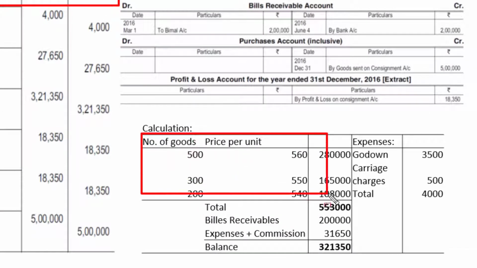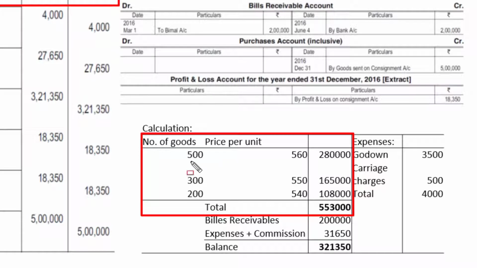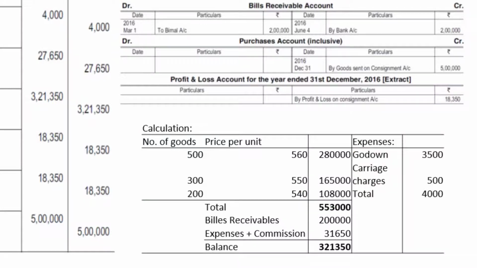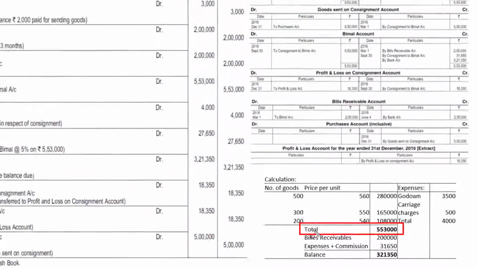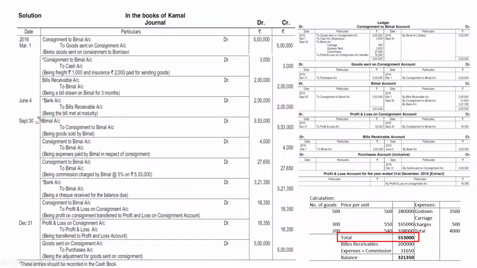You should understand this calculation: 500 boxes of tea at 560 rupees each, that is 2,80,000. 300 boxes at 550 rupees each, that is 1,65,000 rupees, and the remaining 200 boxes of tea at 540 each, that is 1,08,000 rupees. The total is 5,53,000.